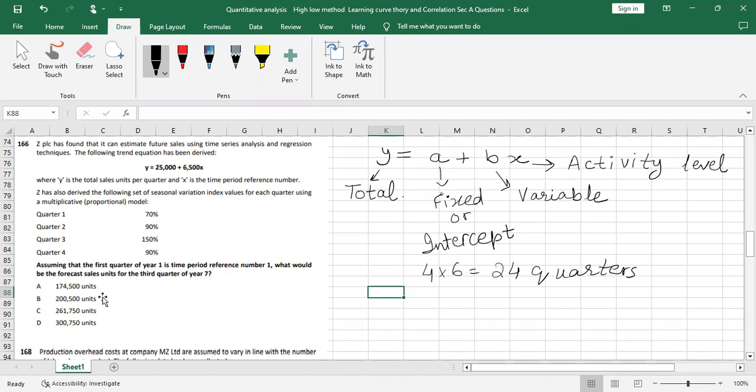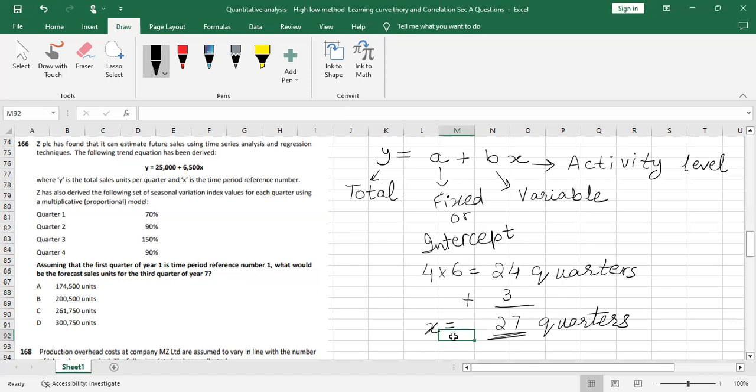But in the 7th year, you will calculate the value for the third quarter, so you will add 3 quarters for the 7th year. So in total, we have 27 quarters. So the third quarter for year 7 is denoted by 27. Clear, everyone? The value of X is basically 27 for this question.